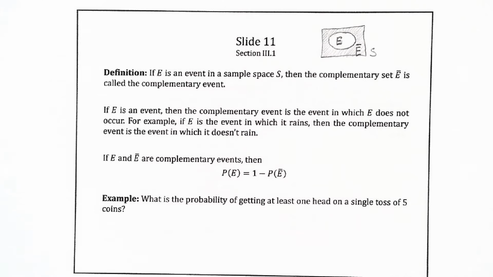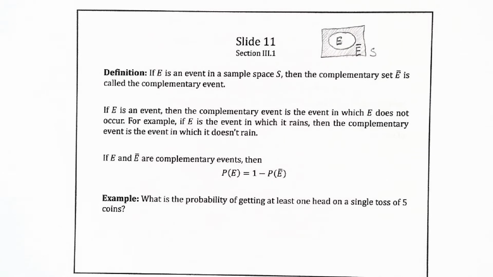So if E is an event, then the complementary event is the event in which it doesn't happen. If E is the event in which it rains, then the complement is the event in which it doesn't rain. Because the two events make up the whole sample space, but on the other hand they don't overlap, the probability of one or the other happening is always going to be 100%.